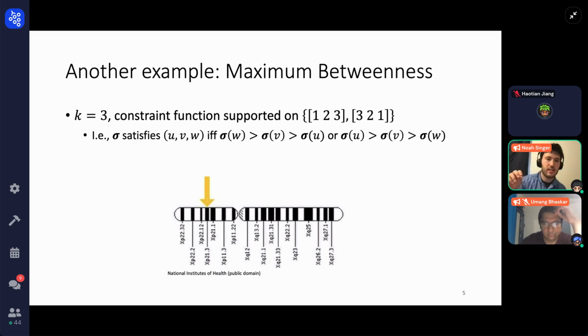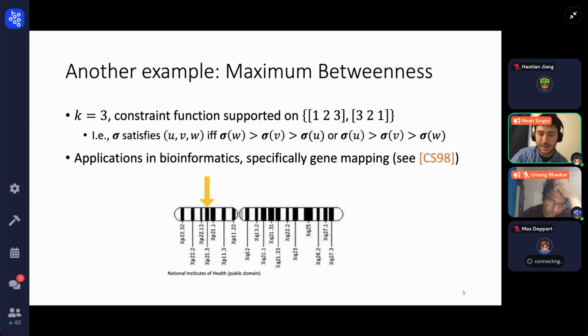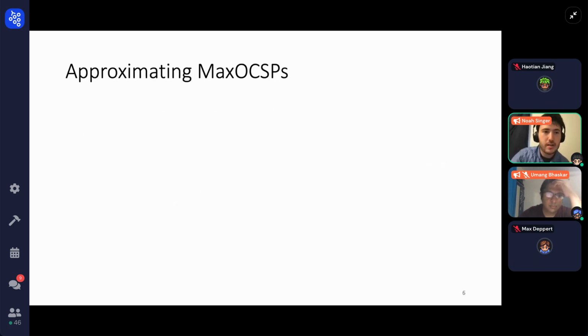So each constraint says something about the position of 3 variables in an assignment sigma. And the constraint function, pi, will be supported on the orderings 1, 2, 3 and 3, 2, 1. So in other words, an assignment sigma will satisfy a constraint UVW if and only if sigma of V is in between sigma of W and sigma of U. And apparently this problem has some applications in bioinformatics that I personally don't know very much about.